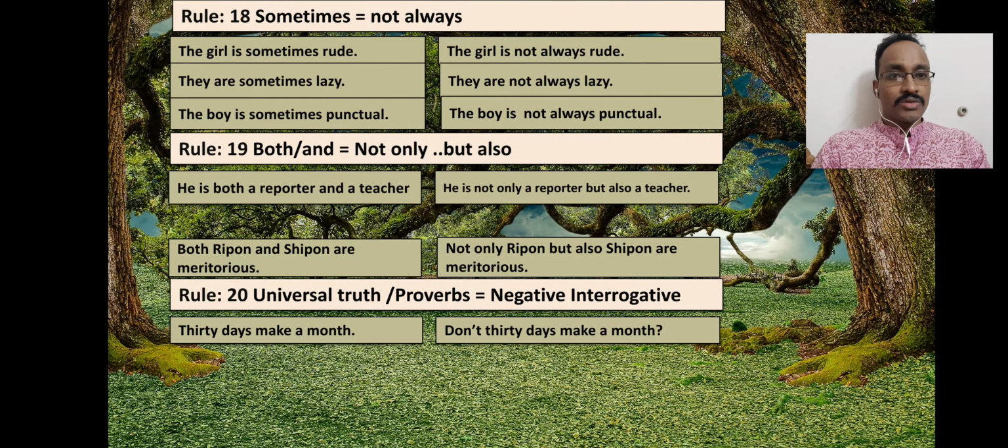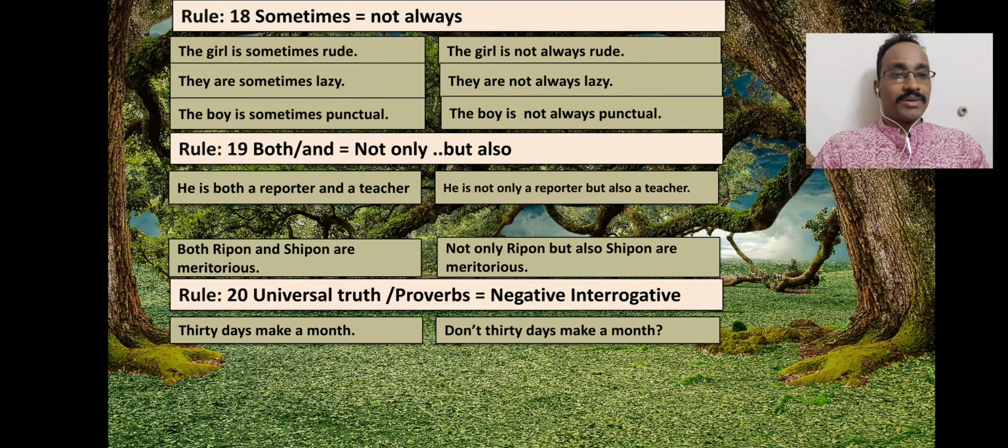So here in these cases we have turned these sentences into interrogative sentences. And to make an interrogative sentence, we always take help of be verbs. And if there is no be verb, in that case we take help of the verb to do or the verb to have.